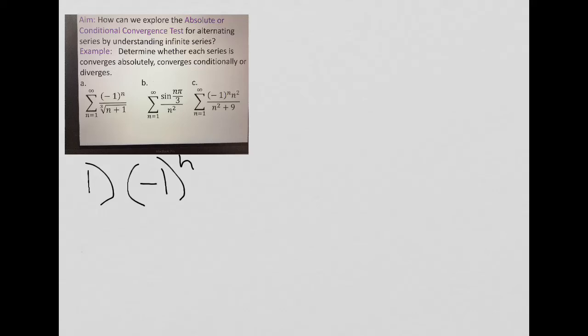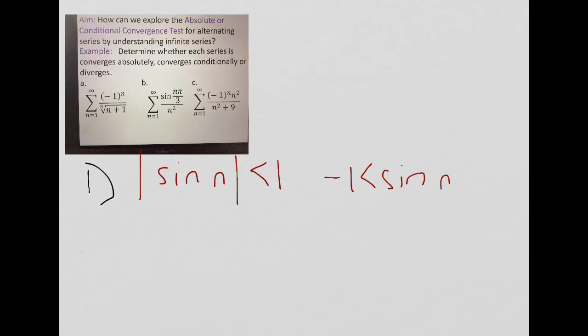However, you should be aware that the sine of certain angles gives you up to a +1 or a -1. So we can write that as the absolute value being less than 1. So that shows you have a range of values there.